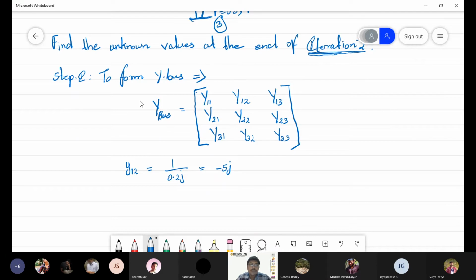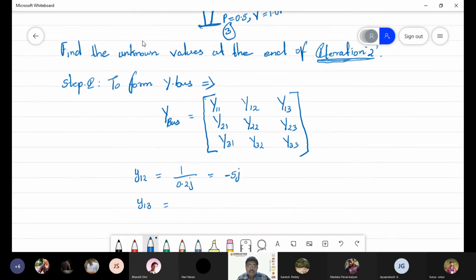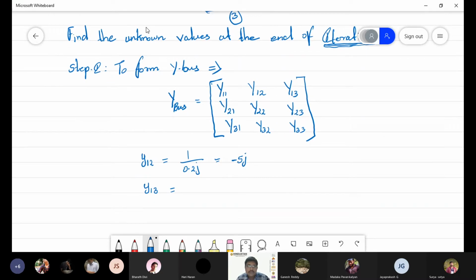That is y12, and we want to find y13. Between 1 and 3, yes, 0.1j is there. So y13 is 1 divided by 0.1j, that is equal to minus 10j. 1 divided by 0.1 is 10, and the j gives minus j.